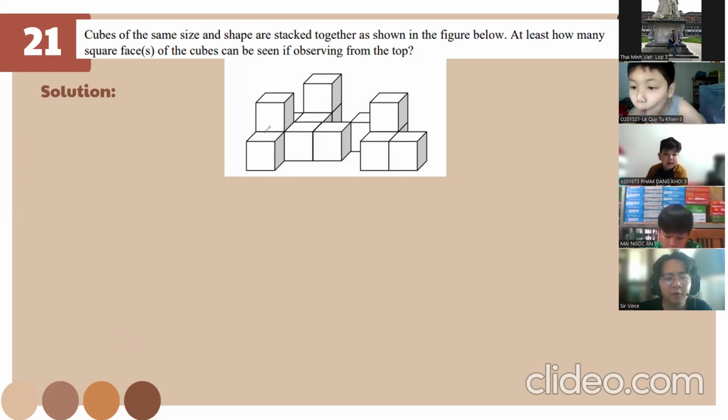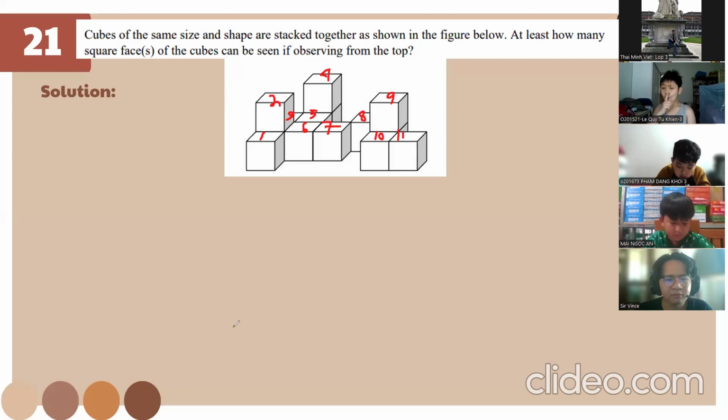So we can just say 1, 2, 3, 4, 5, 6, 7, 8, 9, 10, and 11. So 11 cubes. That's right. So we have here 11 cubes.